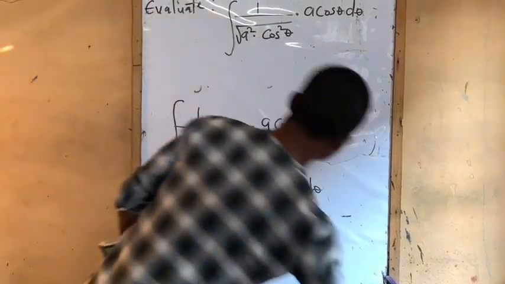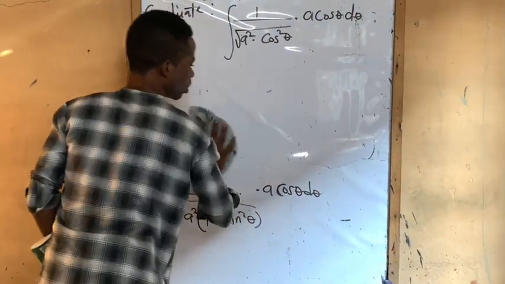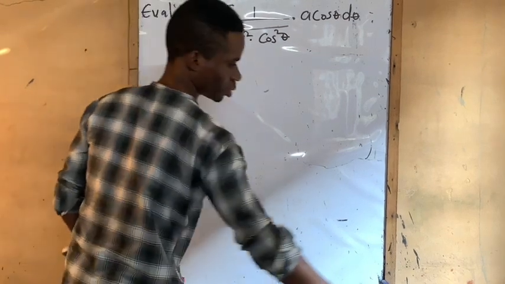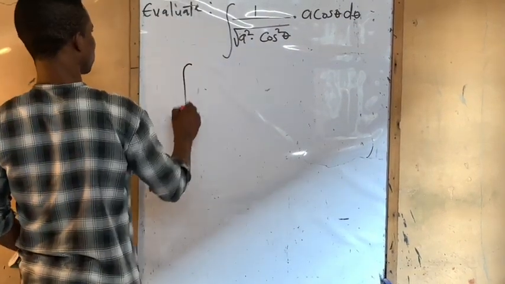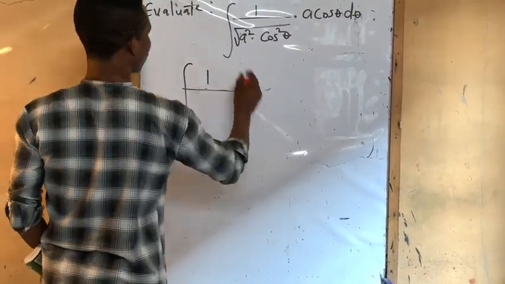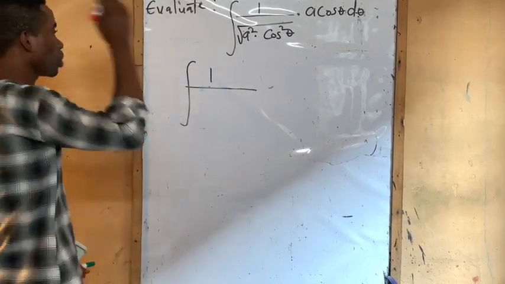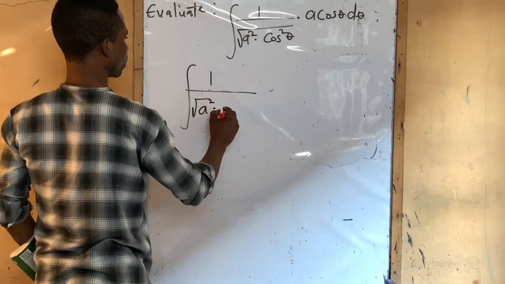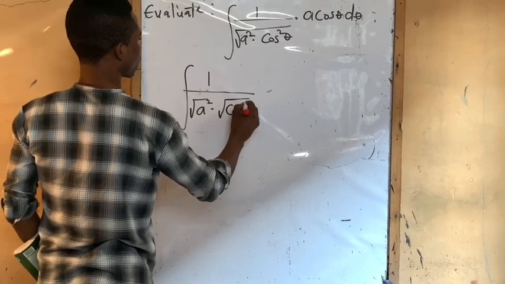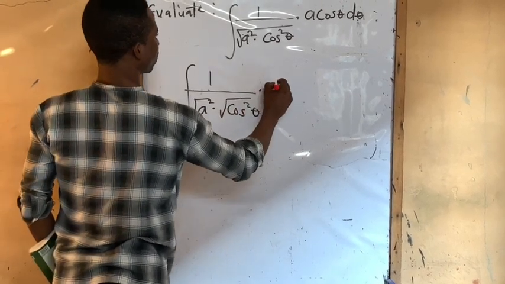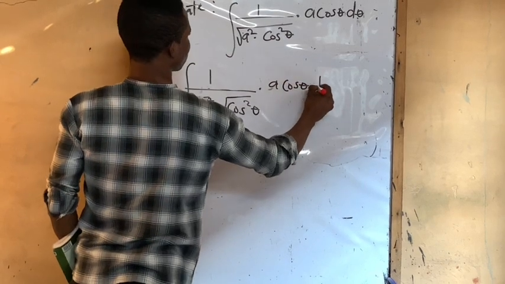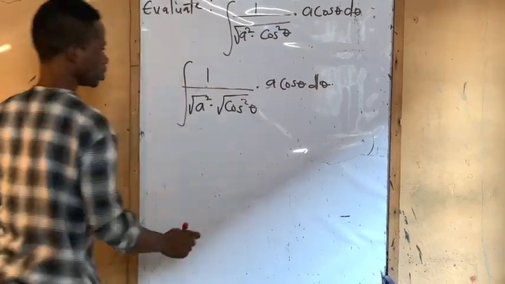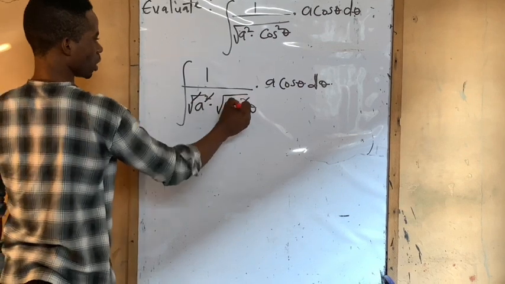After that, we are having integral of 1 all over. We can split that square root: square root of a squared multiplied by square root of cos squared theta, multiplied by a cos theta d theta. So definitely this cancels this and this cancels this.